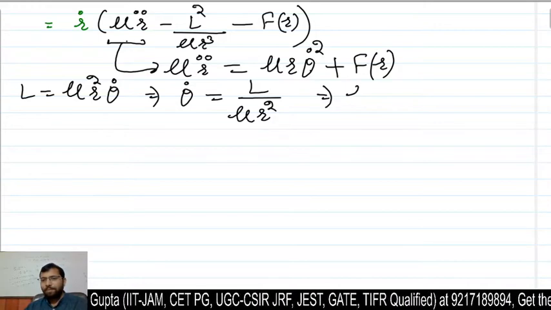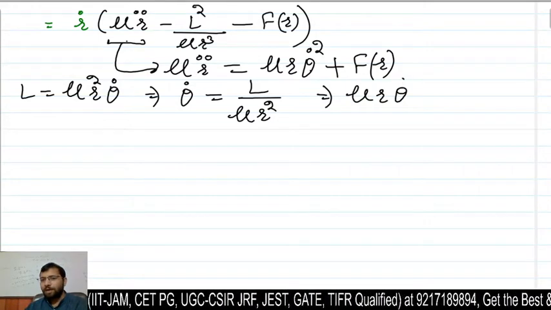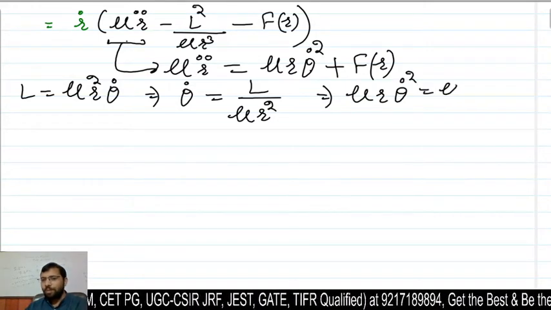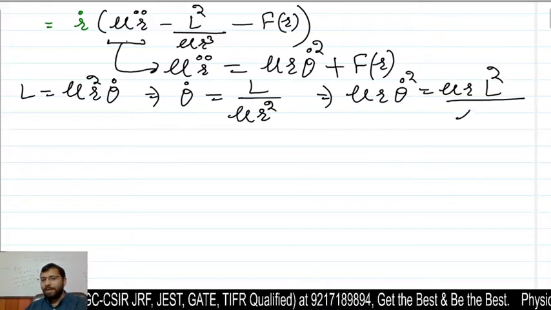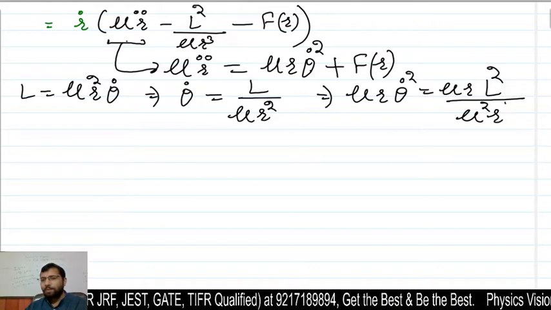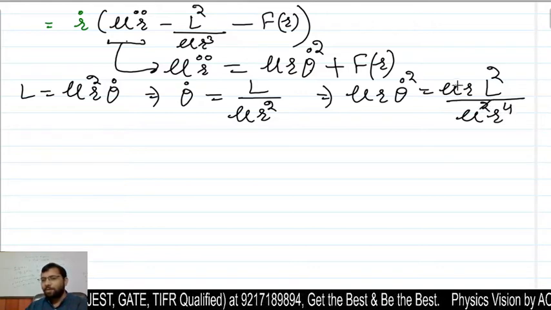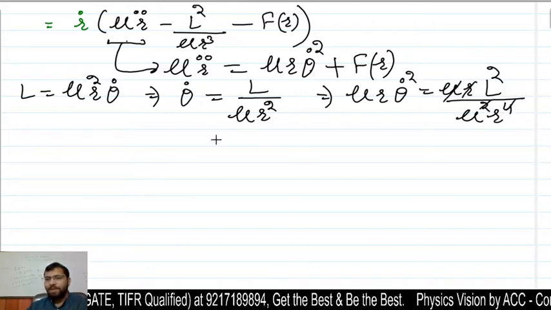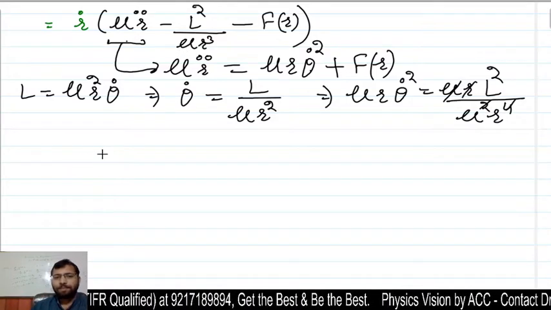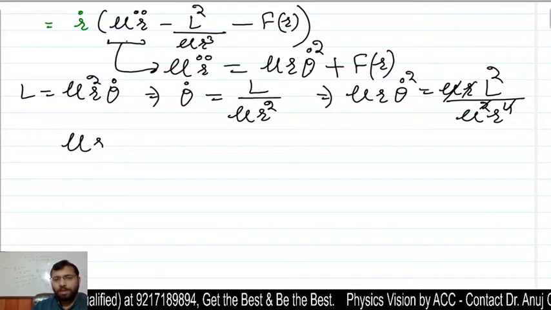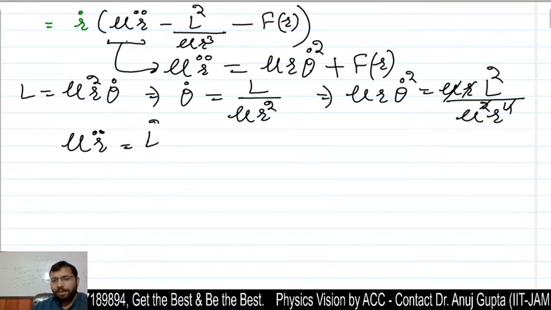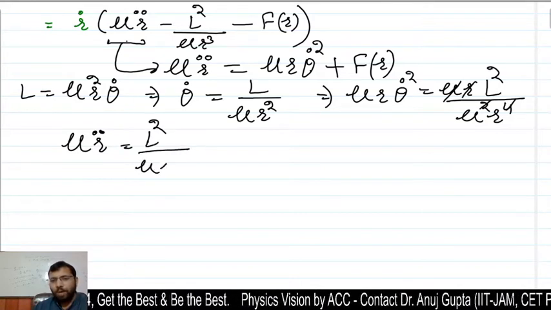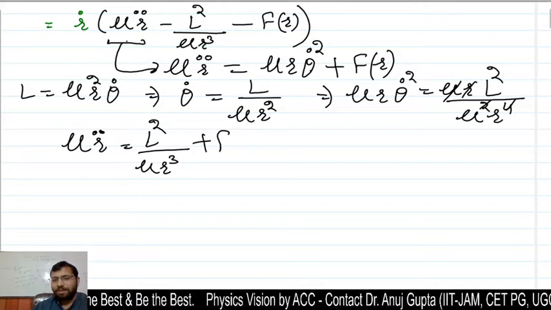We will get mu r theta dot square is equal to mu r into L square divided by mu square r power 4, which will be cancelled out with 1 power with this, 1 power with this, so we got this term. Okay, so mu r double dot is equal to L square by mu r cube plus f.